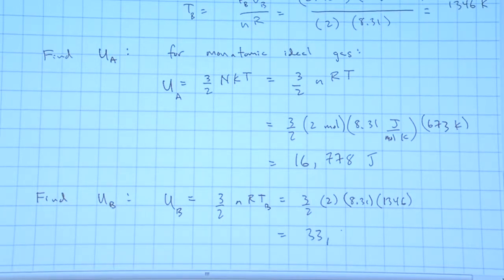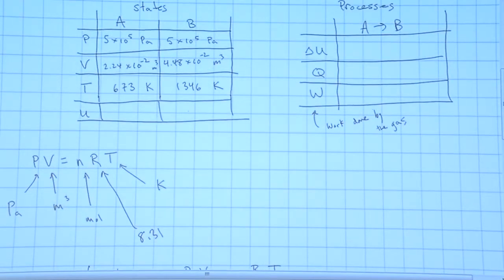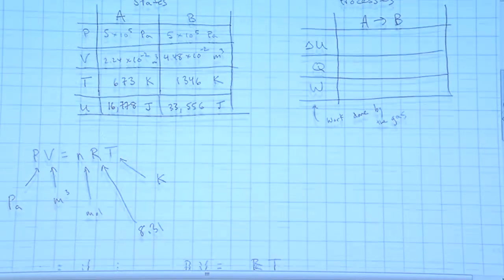Twice as much in this case. This is in energy, it's in joules. Okay, so I'll enter those into my table. 16,778 and 33,556 joules are my two. So now I can find delta U.